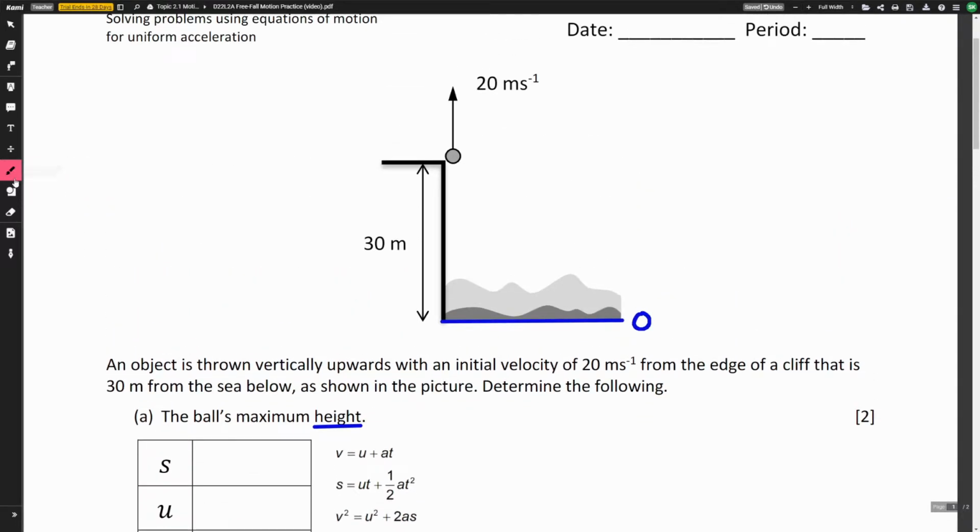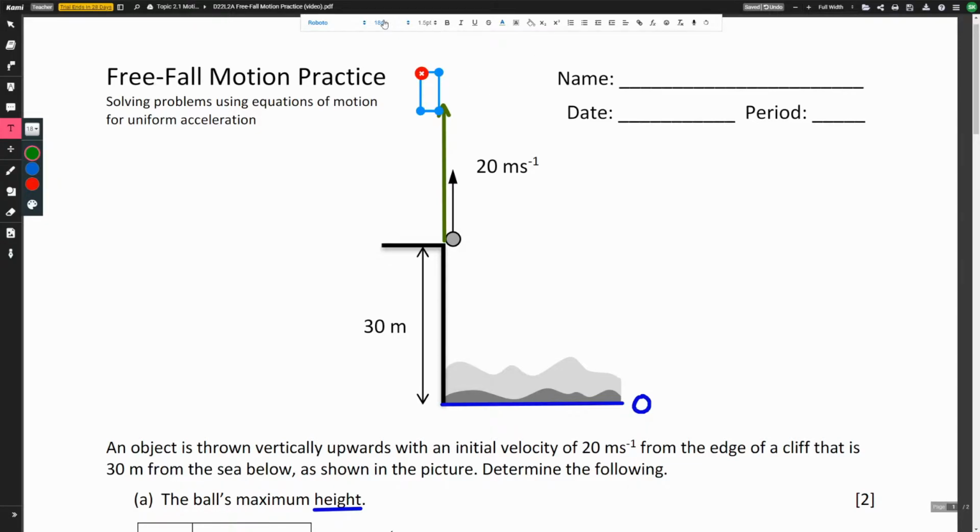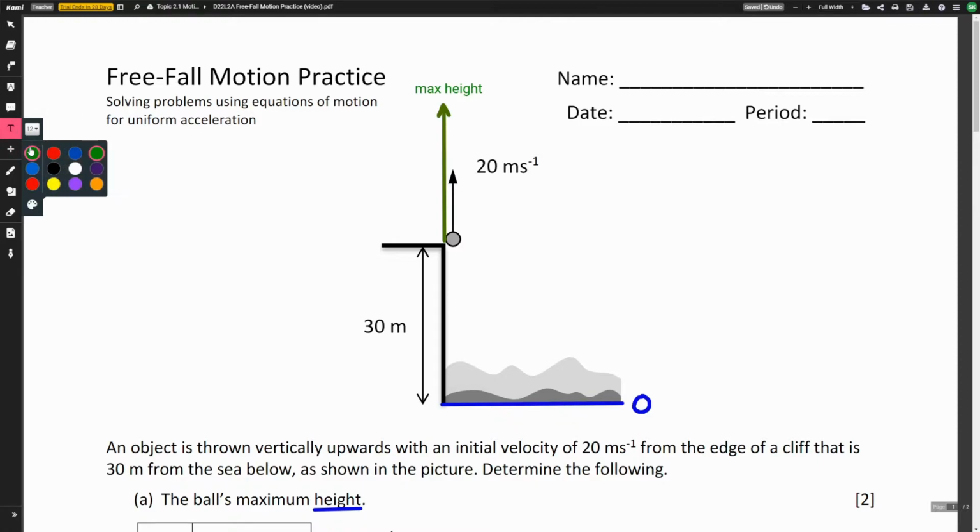Before we do that, what we want to realize is that this ball is going to go flying up into the air and reach some maximum height. I'll grab a text box and say that, up here, this will be the maximum height. So it's going to reach the max height up here, and that is the first part of the motion.